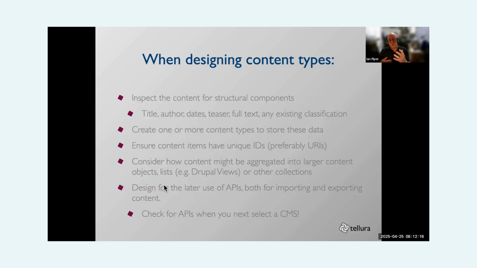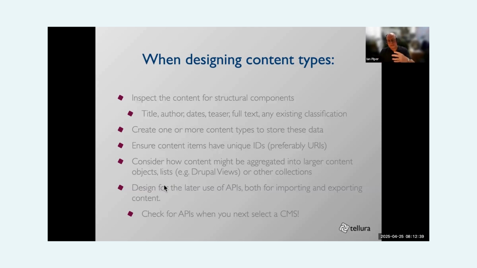So when you are looking to build content into a content management system, particularly as objects, you need to be looking at the structural components that you can break that content down into: titles, authors, teasers, full text, any existing classification, and so on.